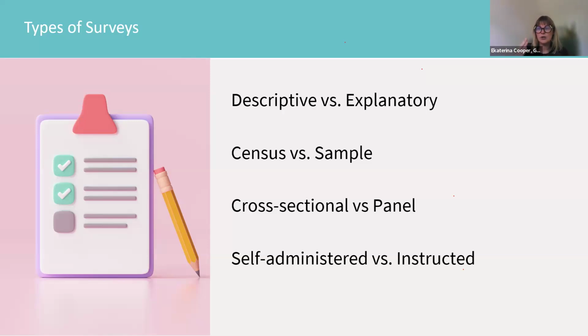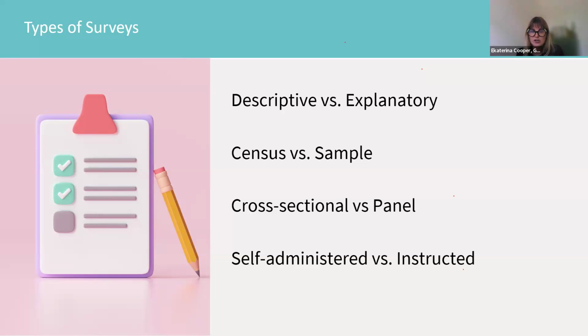Panel surveys allow you to track trends over a period of time. So it's longitudinal research. You implement the same survey and identify certain patterns. You also can see how your participants have changed, how their attitudes, behavior and views are changing as they progress through your intervention or engage with your solution.